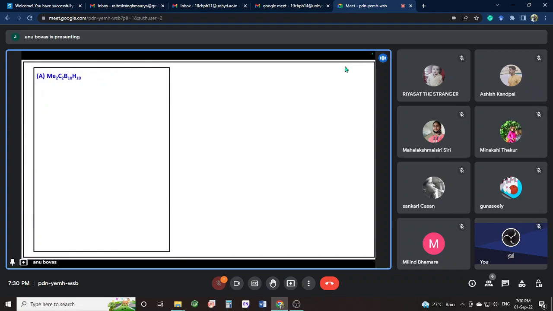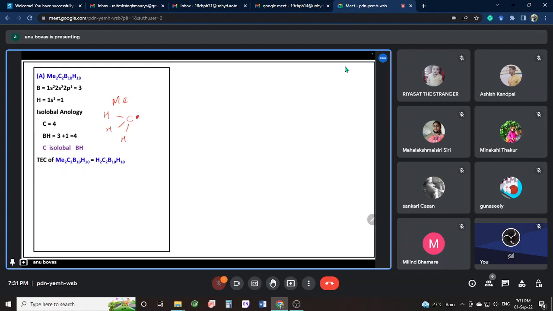So the cluster given here is Me2C2B10H10. According to isolobal analogy, carbon can be replaced by BH. C is isolobal to BH. The next important thing is that we have to find the total electron count in this case. So how is Me? C, H, H, H, one electron is left.